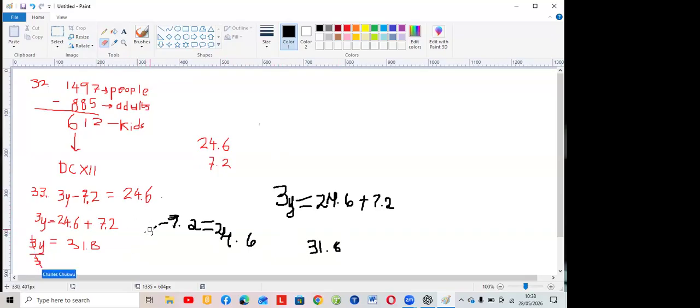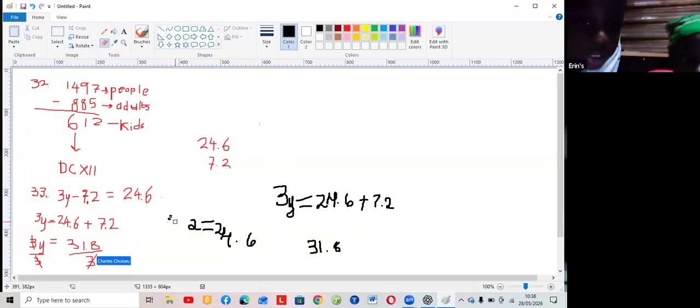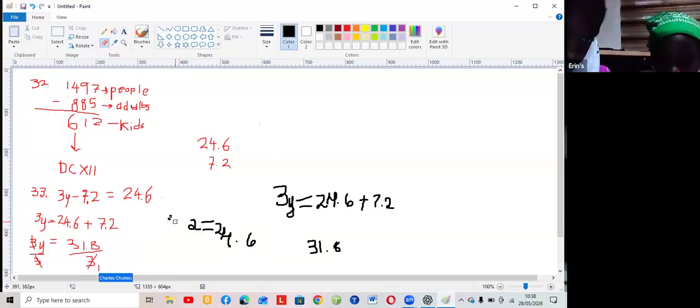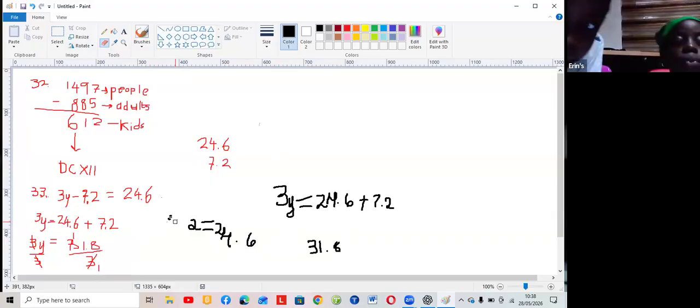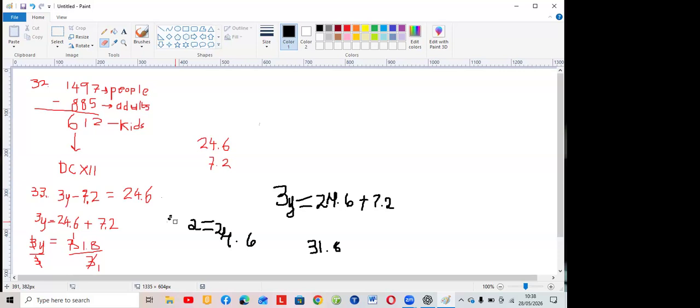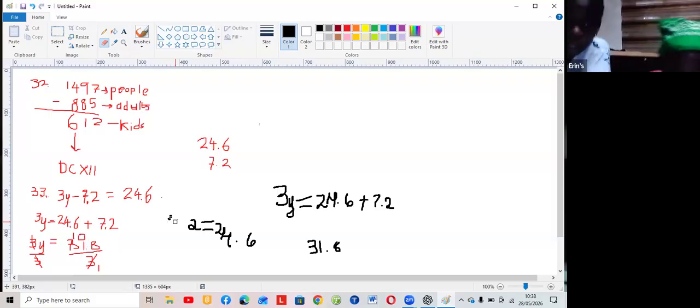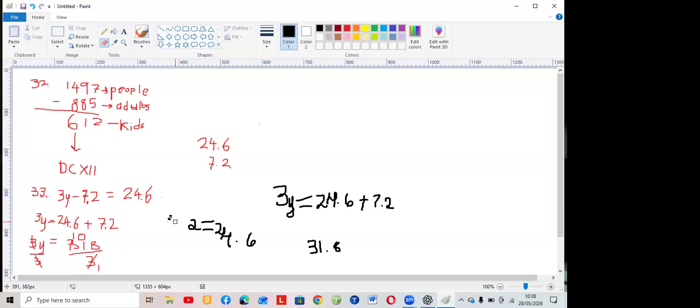So 31.8 divided by 3. 3 in 3 is 1, 3 in 1 is 0, then 10, and 6. So it's 10.6.